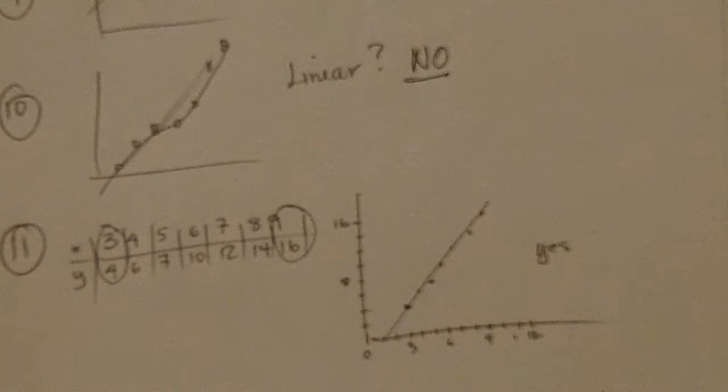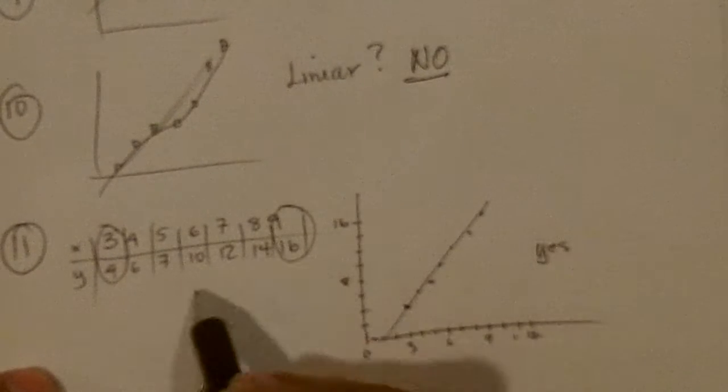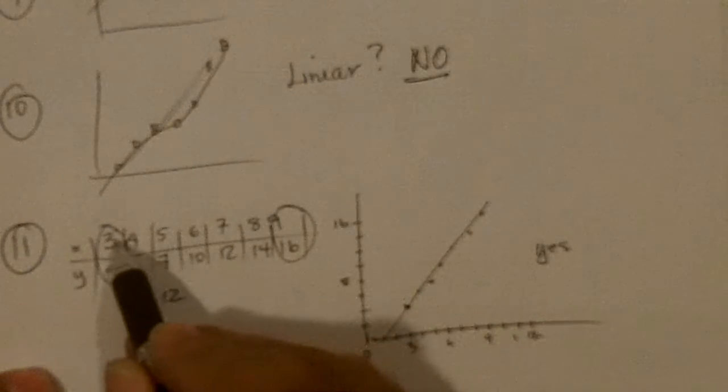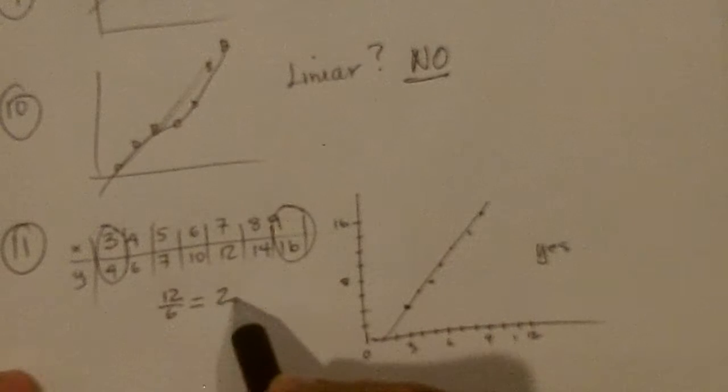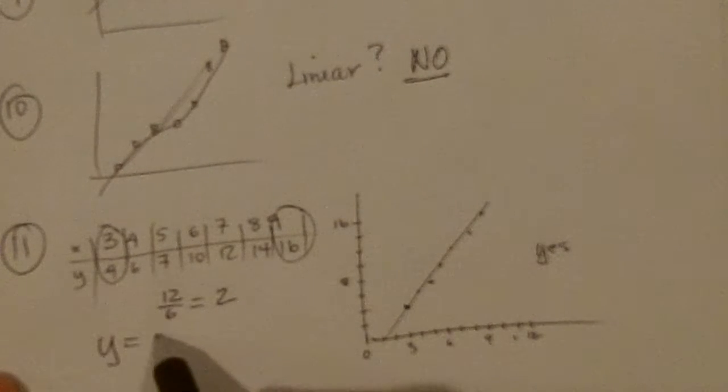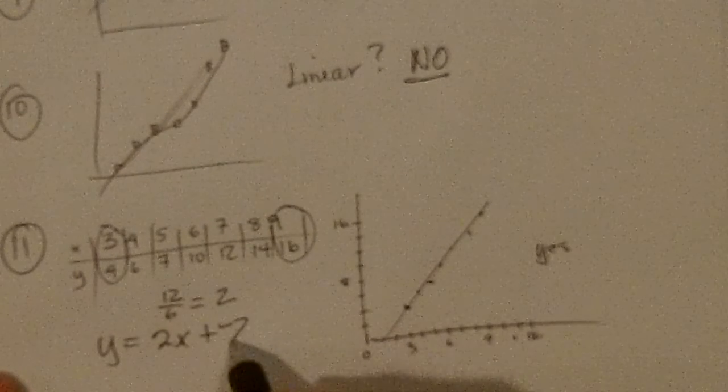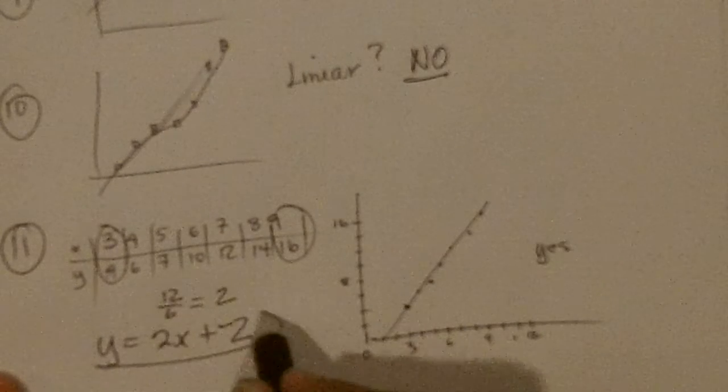So I'll just select those two, and it says find the linear equation using that. So the change in y would be 12. Change in x is 6, so that's 2, so it's going to be y equals 2x plus 2 times 3 is 6, minus 2 would make 4.